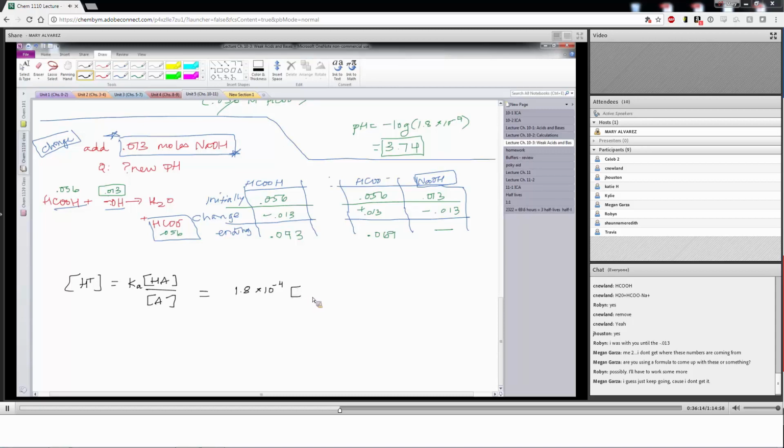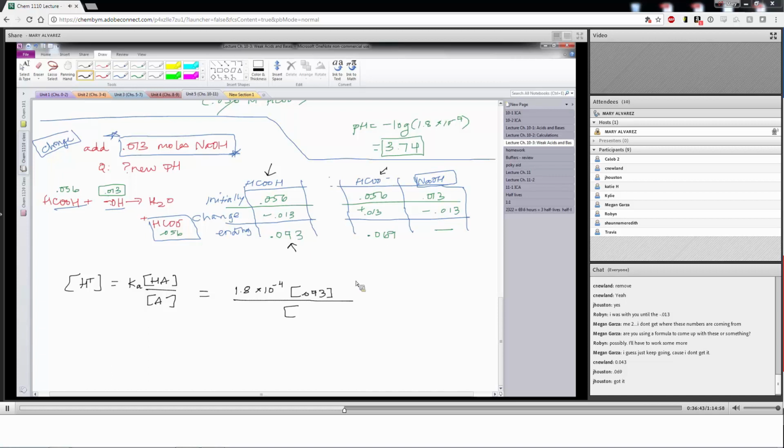What's my acid concentration? Perfect, it was this one, right? Because this is my acid. My final concentration is 0.043 moles in a liter. And then my base concentration goes in the bottom, and that's this one, because this is my conjugate base, so 0.069.